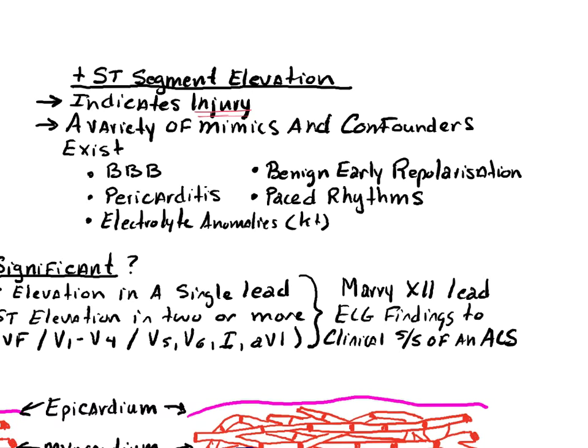Unfortunately, there are a variety of mimics and confounding factors, such as bundle branch blocks. Bundle branch blocks can manifest as ST elevation, so they can make it very hard to identify this.